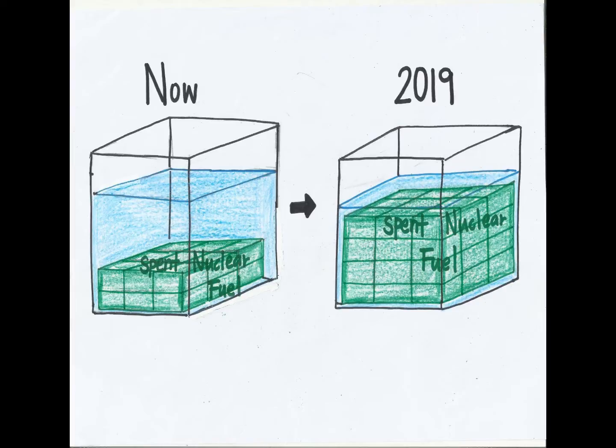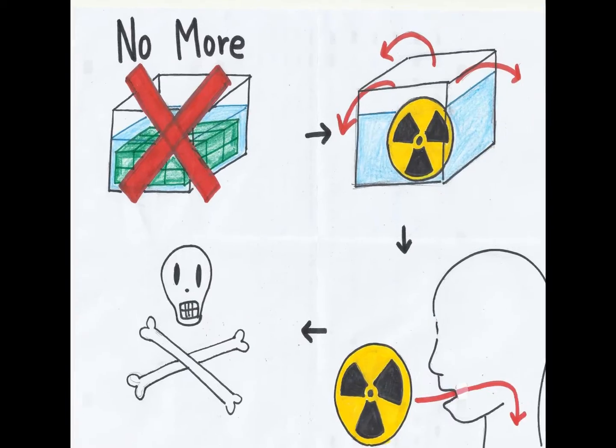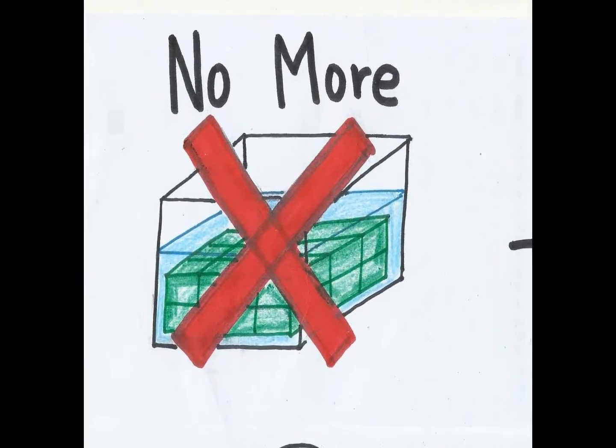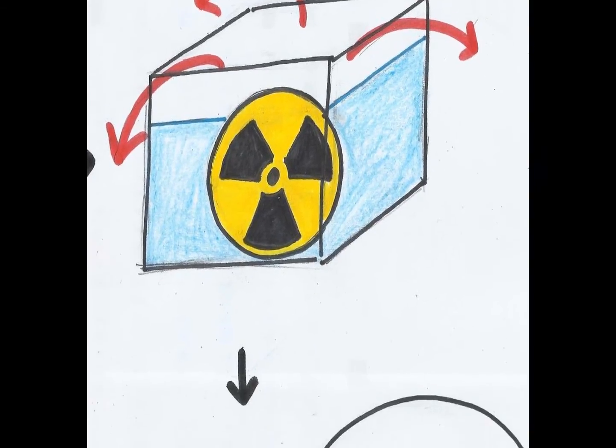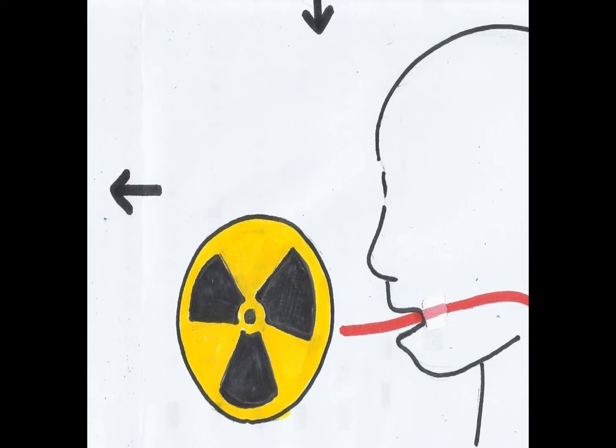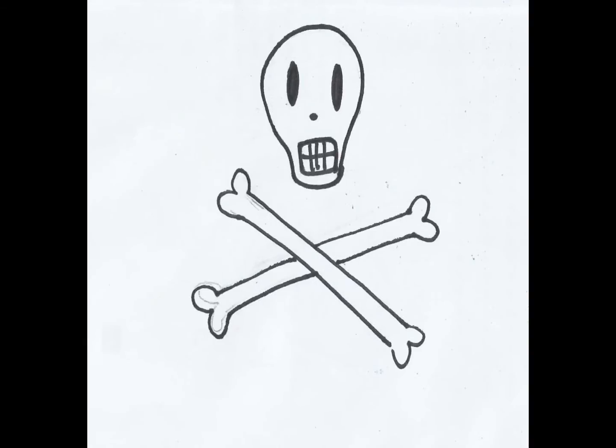The heavy water reactor's spent nuclear fuel is put into temporary storage, which is a large concrete structure next to the plant, but this is also predicted to be saturated in 2019. There is no more space to store radioactivity. If it spreads out, people will be exposed to it and suffer severely harmful effects.